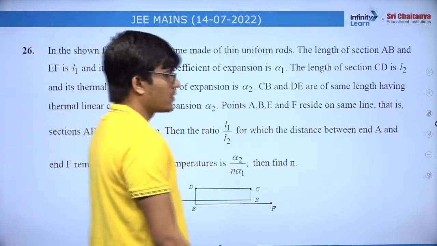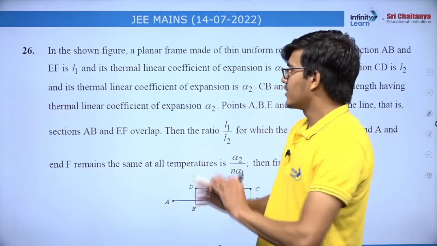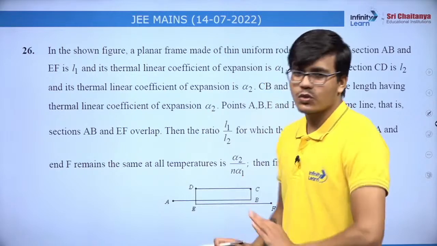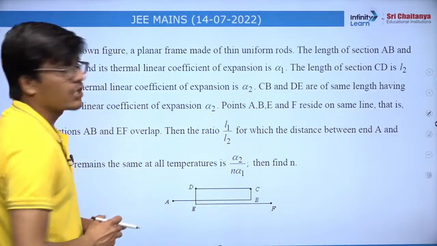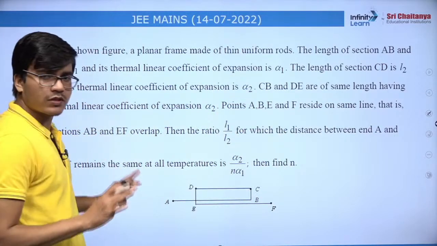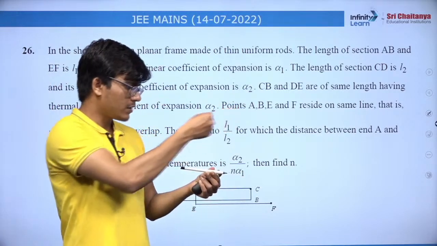This is, I think, the most scary-looking question of this paper, but this is quite an easy question, I should say. So we can put this question in the medium category. What is given to you in this question? Let us understand. You have this wire like this.